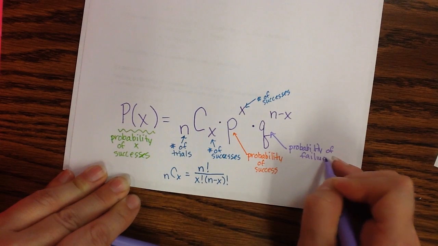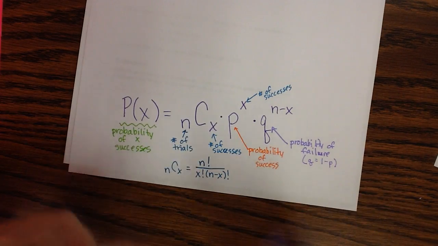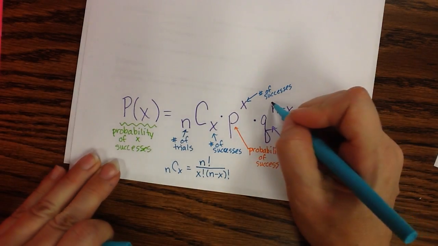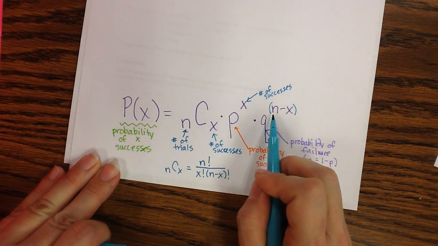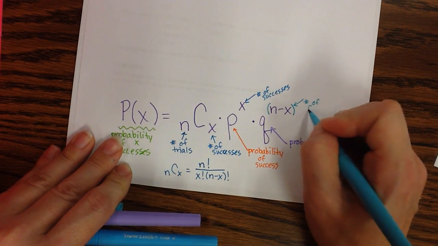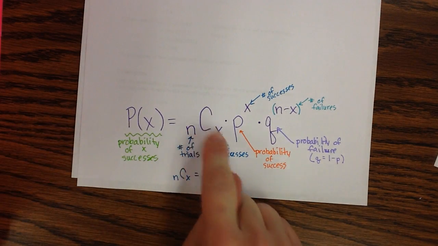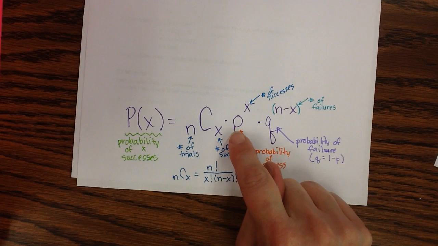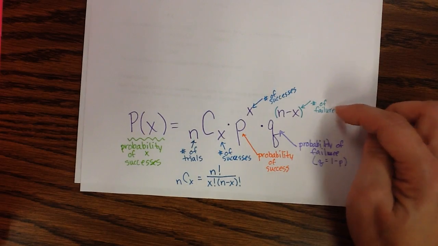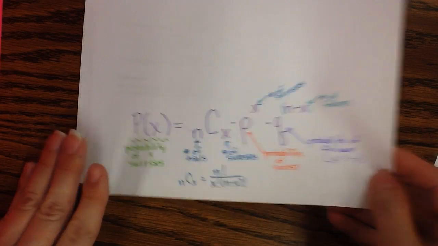And the way that we find Q is by taking 1 minus P. And then this exponent here of n minus x: n is the number of trials, x is the number of successes, so n minus x is the number of failures. So basically we're doing nCx times the probability of success raised to the number of successes times the probability of failure raised to the number of failures. So we'll run through several examples so you can see how these formulas work.